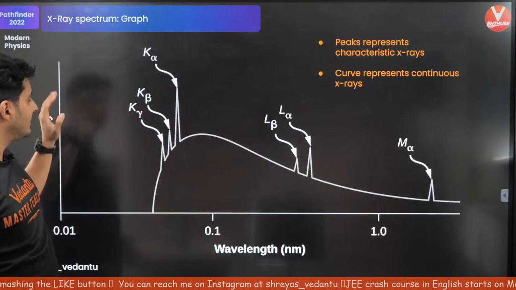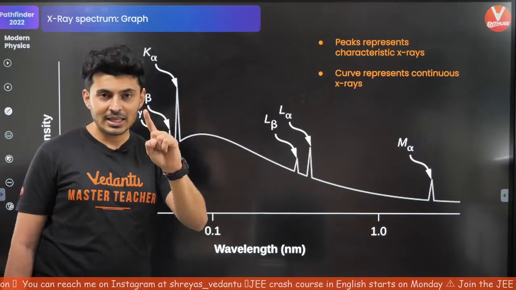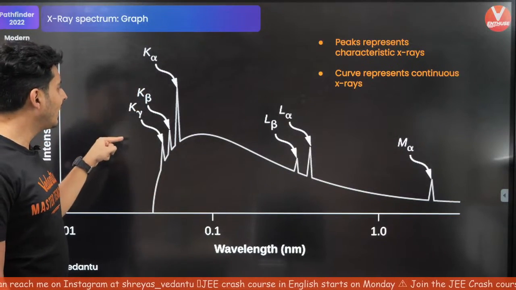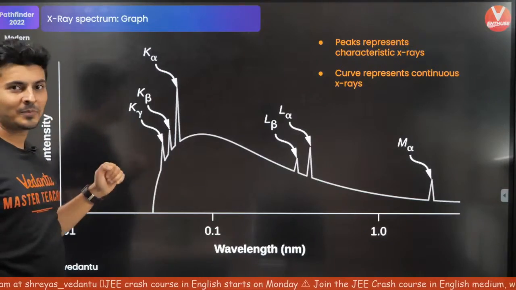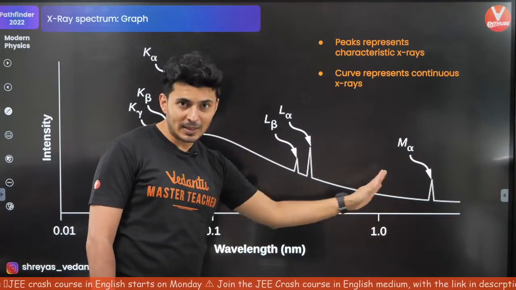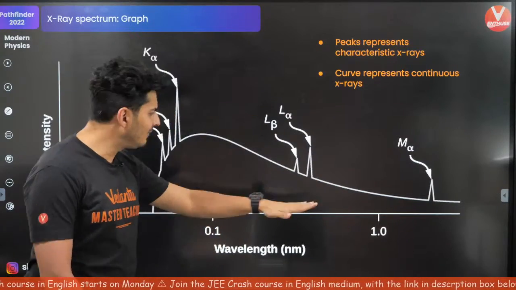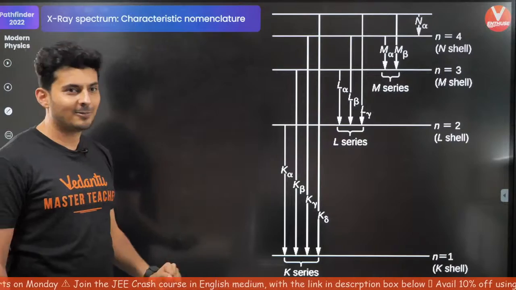This is wavelength, this is intensity. Next peculiar thing to note about the graph. It is basically alpha, beta, gamma. Notice alpha comes there, then beta, then gamma. Why is alpha first, then beta, then gamma? The answer comes from the graph again.